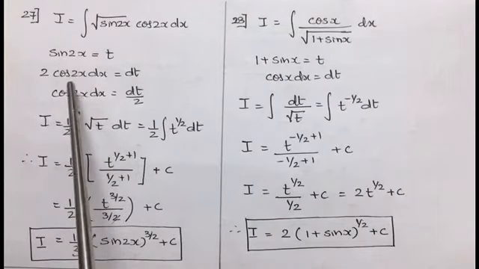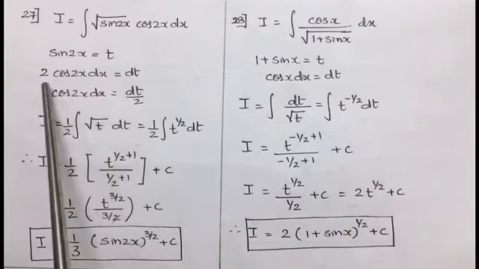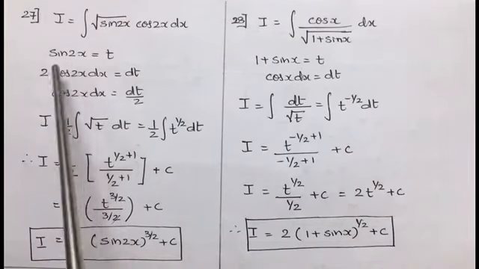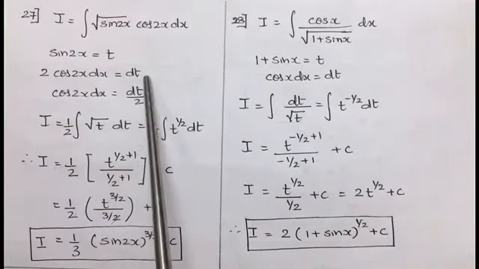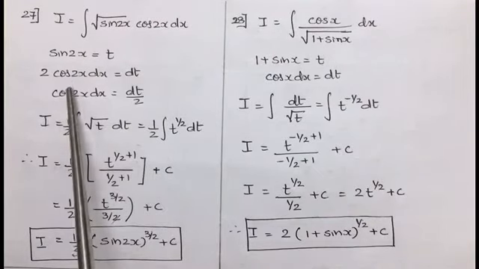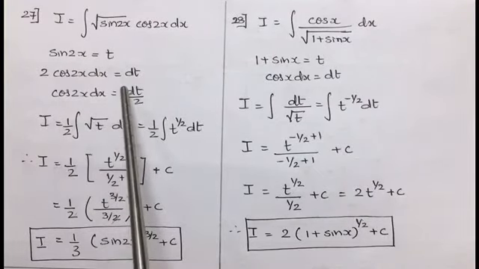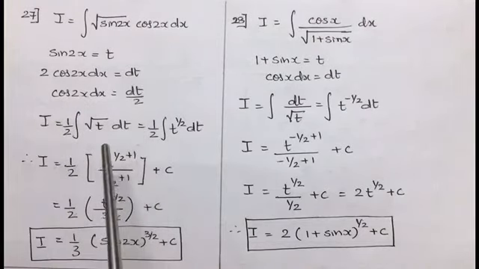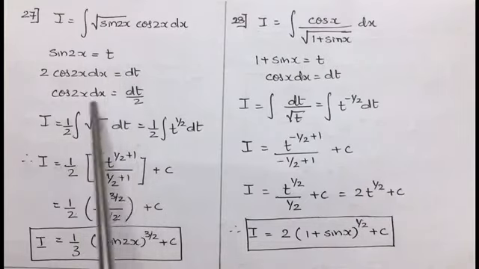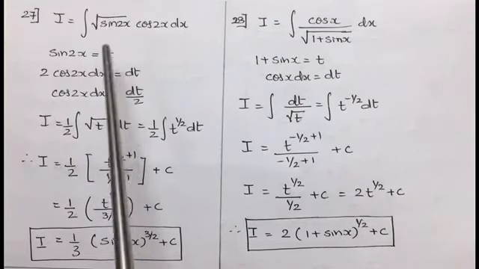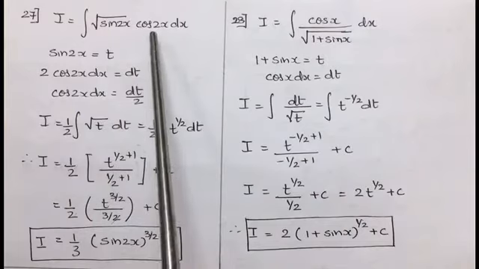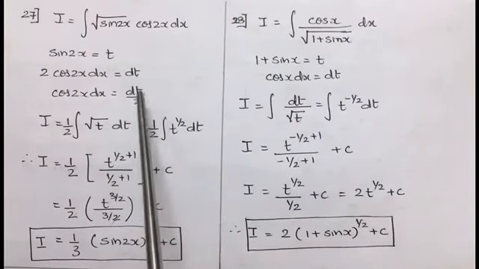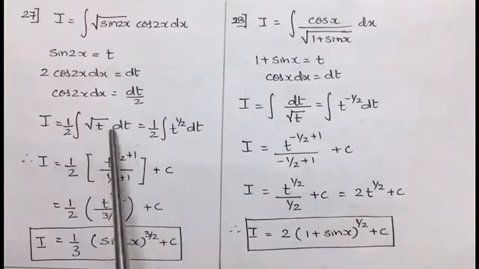Derivative of sine 2x is cos 2x dx, and 2 is multiplied as the coefficient of x, equal to dt. So cos 2x dx will be equal to dt by 2 by shifting to the other side. Now keeping all these substitutions in the question, in the place of cos 2x dx, dt by 2 is kept, and 1 by 2 is written out of the integration as it is constant.